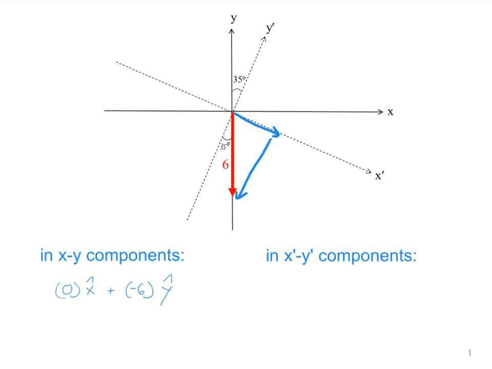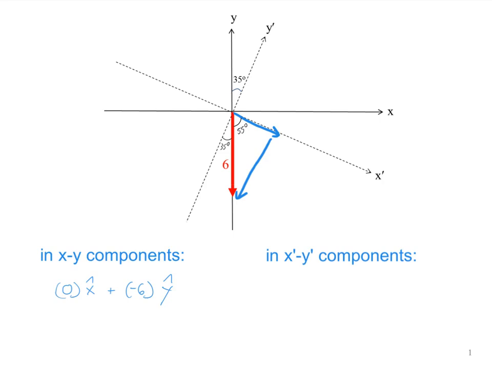Now, notice that if this is a 35-degree angle right here, and then look at this dashed line here and here, you see how they form a 90-degree angle here. Therefore, it must be the case that this angle right here is 90 minus 35, namely 55 degrees. And now we're in good shape.